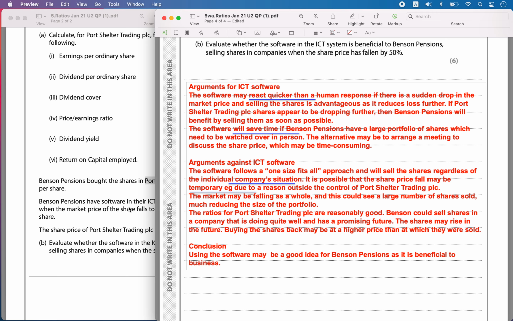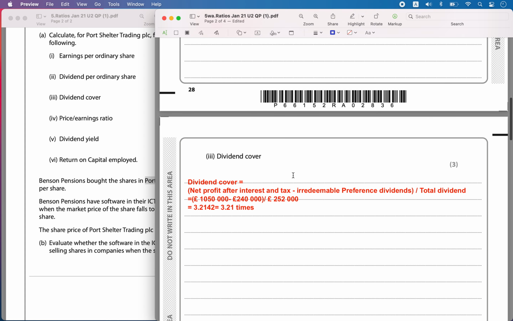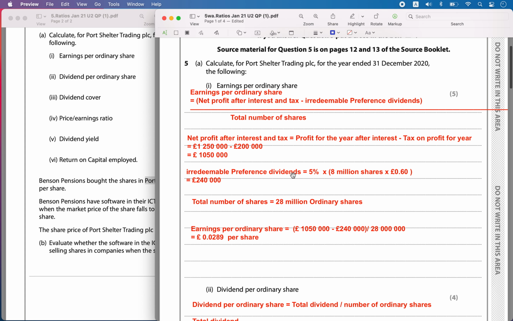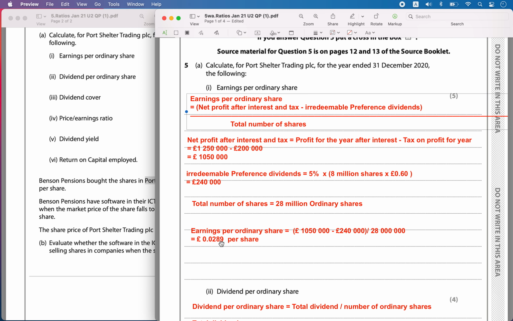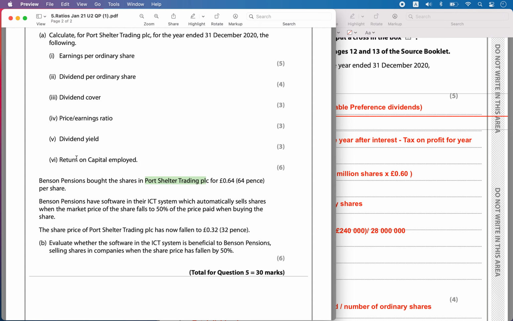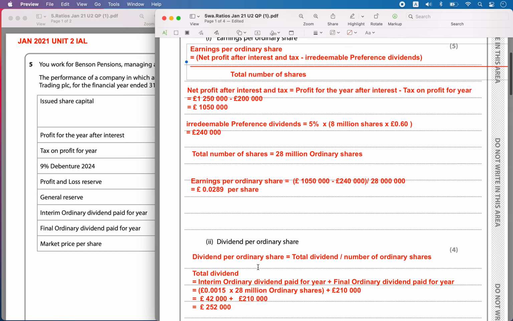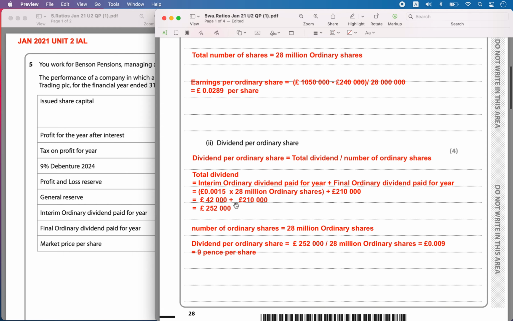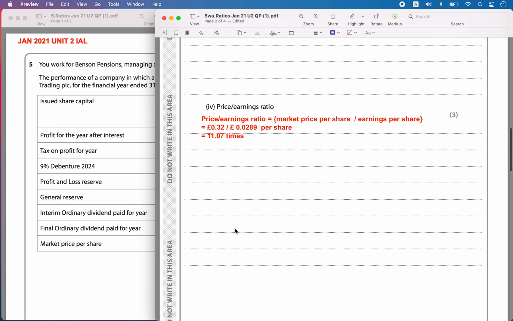The ratios for the Port Shelter Trading PLC are good. What are the ratios we saw? We had calculated in the earlier part that these were the ratios we had. The earnings per share was 0.2, and the market price was around 0.32 pence, and the dividend per share was 9 pence per share, and dividend cover was 3.2 times.